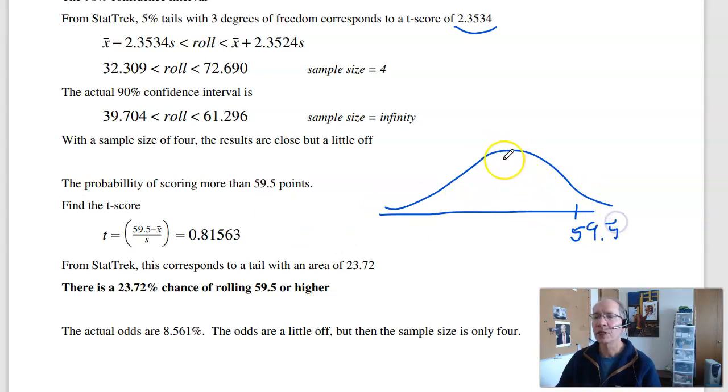I want to know how far that is from the mean in terms of standard deviations. That's called a t-score. It's 0.81 standard deviations away. From a t-table, I've got 3 degrees of freedom. T-score is 0.81. The area of the tail is 23%. It should actually be 8%, so it's a little bit wrong, but again, I only have 4 data points.